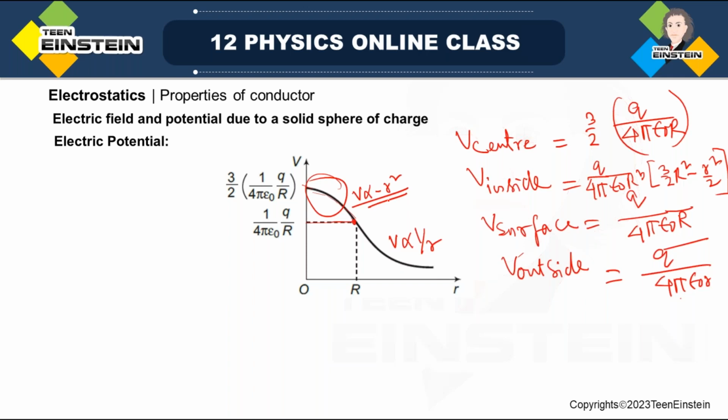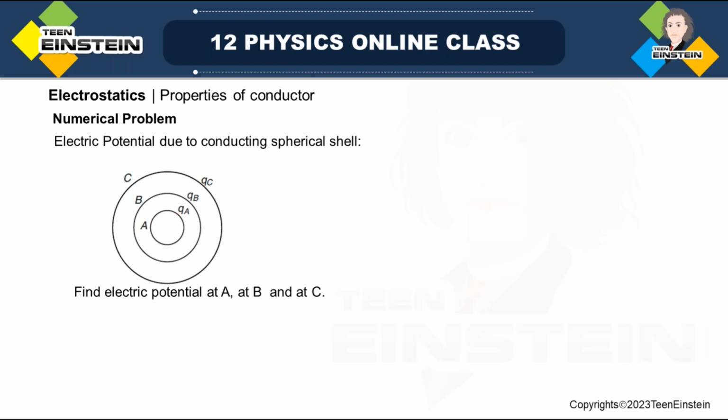solid sphere. Now we'll try to take a few more concepts on the potential due to conducting cell. This is a very important topic in electrostatics, because depending on this concept we will have to come across very important numerical problems, okay.